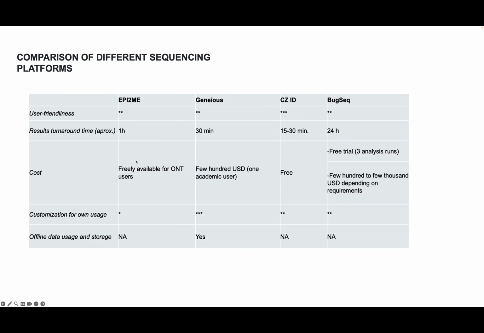The EPI2ME is free for Oxford Nanopore Technologies users, and Genius costs a few US dollars for one academic user. And maybe another thing we should highlight here is that the Genius one is the only one which you can use for offline data usage and storage. So for all of the other programs, you need Wi-Fi or internet access.